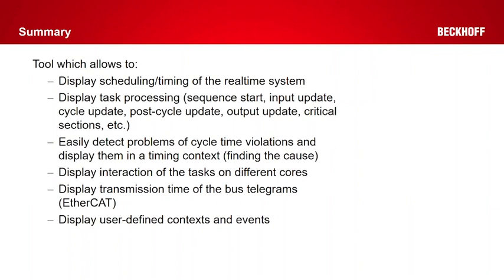Furthermore, you can see the interaction of the different tasks on the different cores. You can also see the transmission time of the EtherCAT and how long these telegrams are. And you can use this to display your user-defined processes and events to become more familiar with how your process really behaves with the settings you have made.